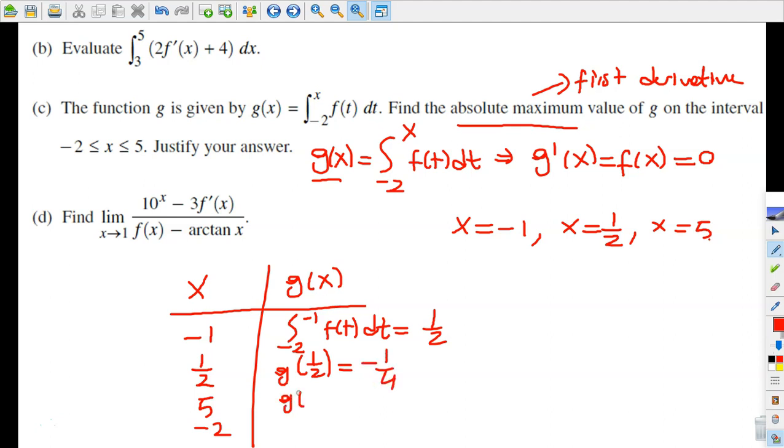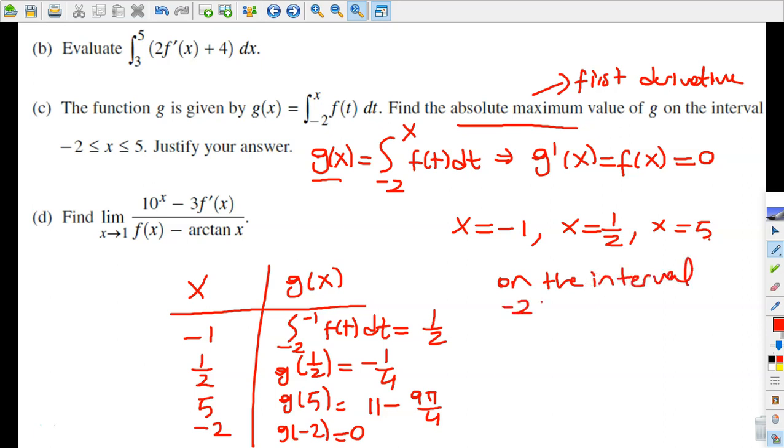And then g of 5 is going to be equal to 11 minus 9 pi over 4. And then lastly, g of negative 2 is going to be equal to 0.